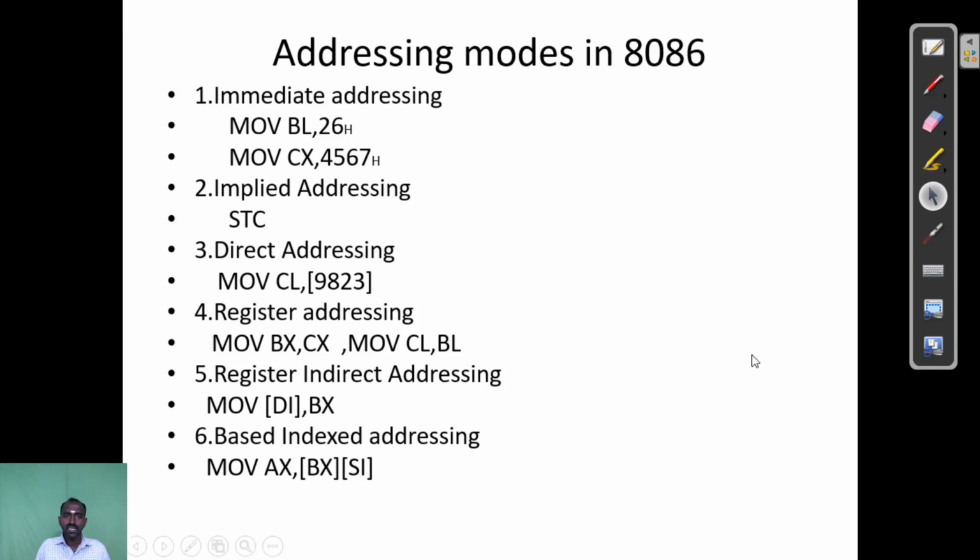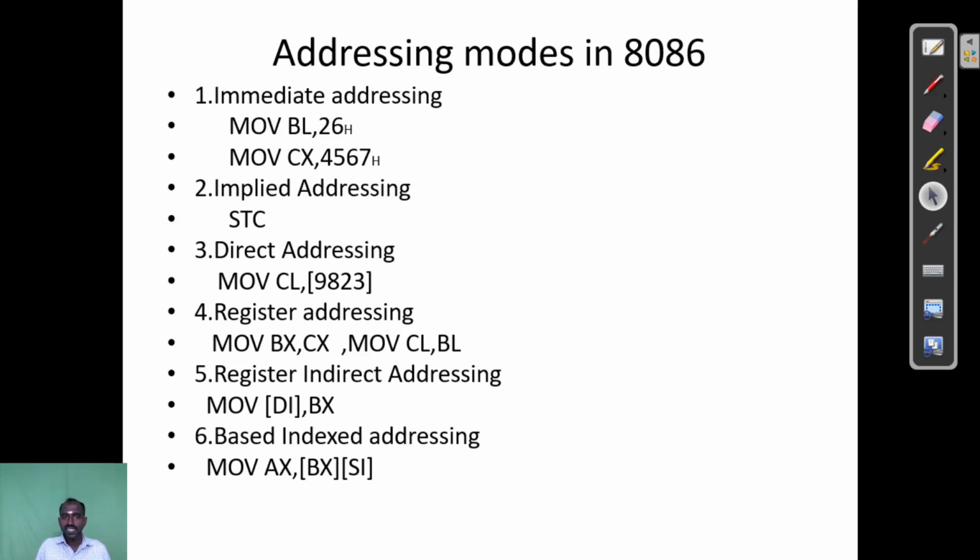Here there are 6 addressing modes: immediate addressing, implied addressing, direct addressing, register addressing, register indirect addressing, and next, based index addressing. First, what is immediate addressing?